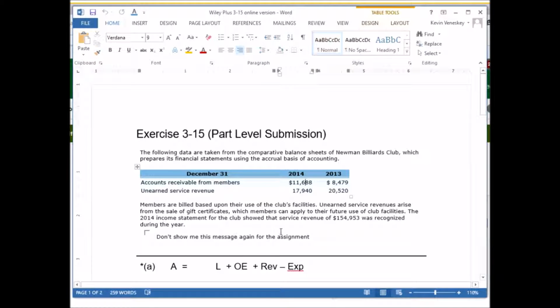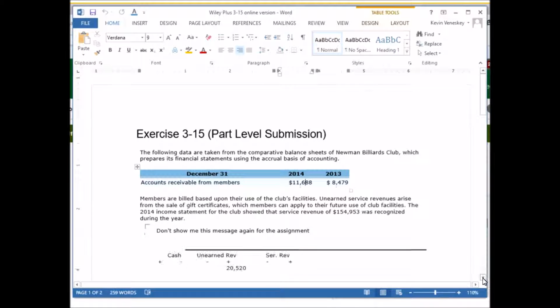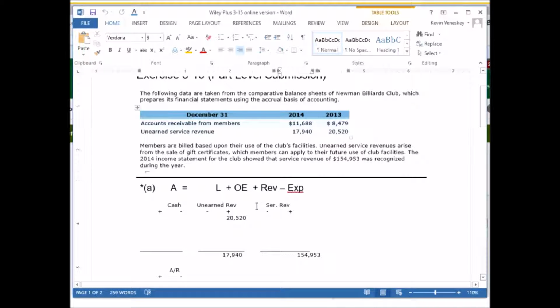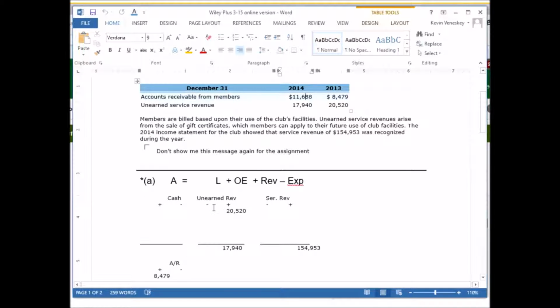If we look down a little further, it says you will definitely want to use T accounts for this type of problem. So what I've done so far is provide some really bare basic T accounts here. These aren't real pretty by any means, but here's our accounting equation. We're going to be dealing with cash here in a few minutes.